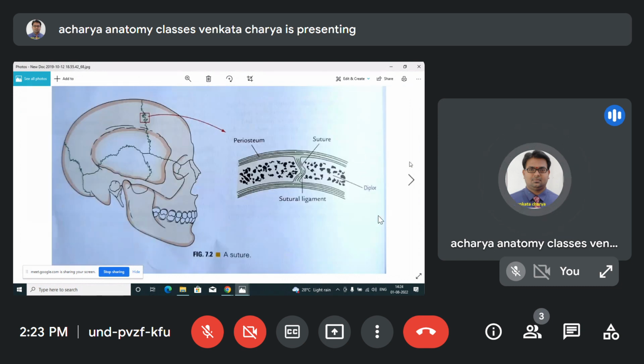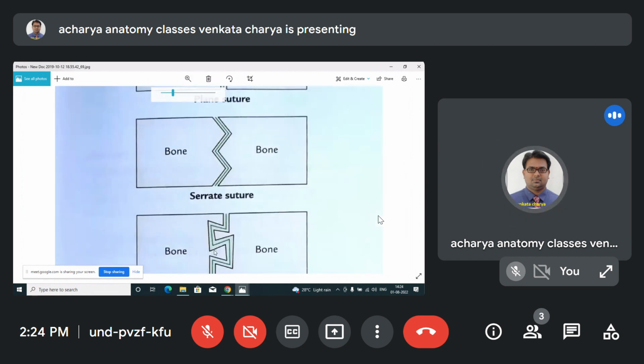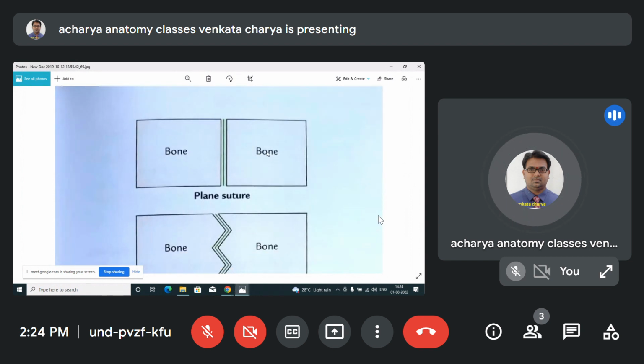Okay. So sutures are again classified. Number one, plain suture, which means in between the two bones there is the presence of fibrous material.